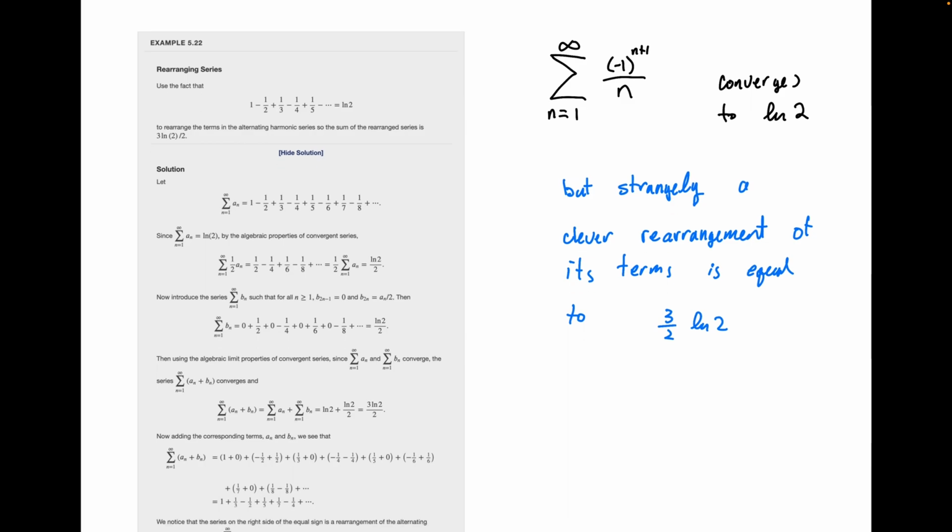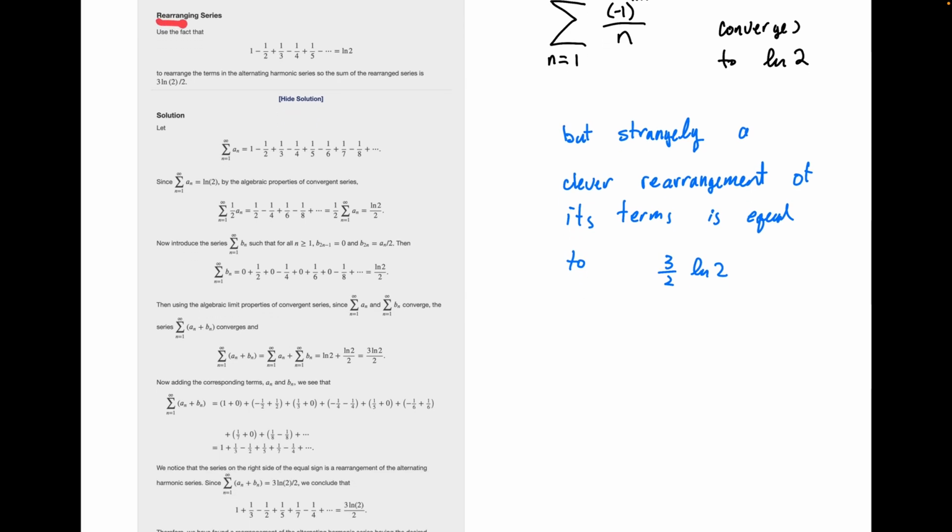They then walk through looking at a rearrangement of these terms. And in that rearrangement, they show that using all of these terms, but ordered in a different fashion, it produces a completely different value.